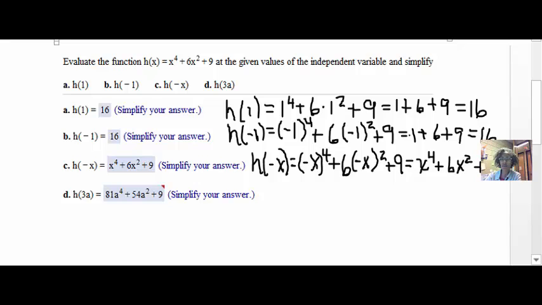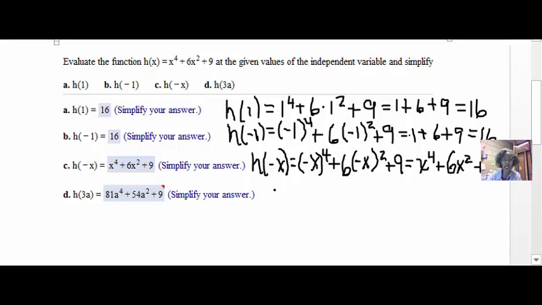So this is actually an even function. h of -x equals h of x. So that function is actually even.